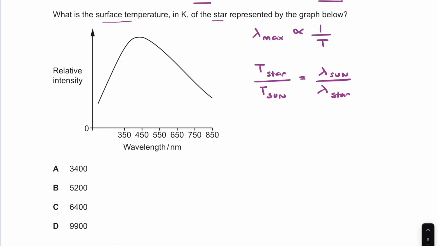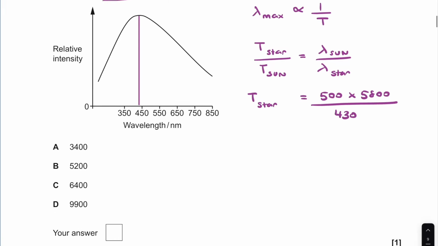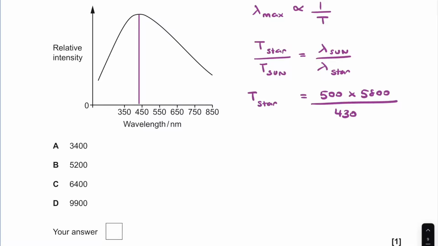That would be somewhere around, I would say, 430 nanometers. So the value of T for the star is going to be lambda of the Sun, which is 500, times the temperature of the Sun, which is 5800, divided by lambda of the star, which is 430, roughly. And that gives me approximately 6400 kelvins, and so C is the answer.